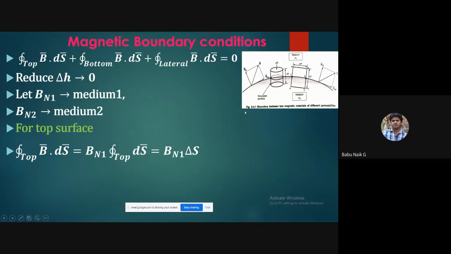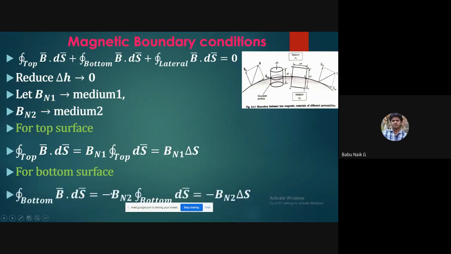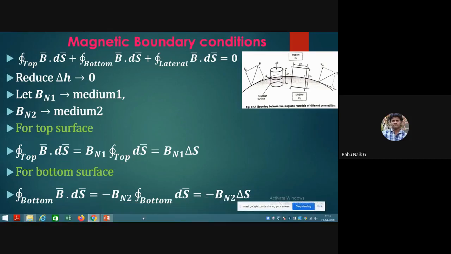Now in a similar way you can calculate the bottom surface. For the bottom surface you have the Bn2 in the medium 2 direction. You can see where my cursor is moving. So this is my Bn2, which is perpendicular to the boundary towards medium 2. So let me take B bar equal to Bn2.